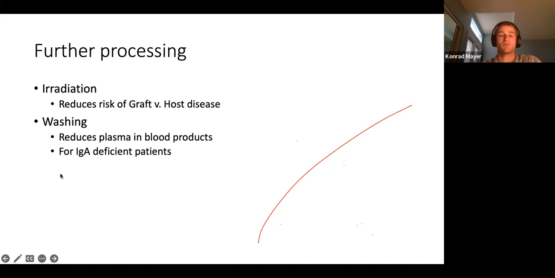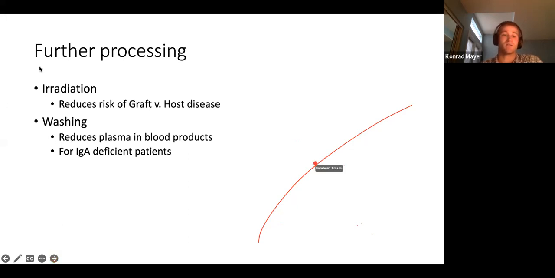So if a patient is known to be IgA deficient, and there are disorders where patients have selective IgA deficiency, then they will ideally receive washed blood products. This reduces the plasma and therefore reduces the IgA, so the patients cannot react to foreign IgA if it has been washed out.